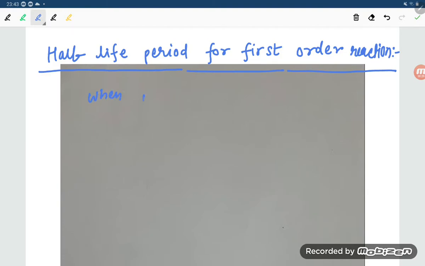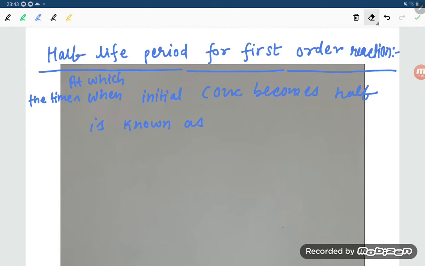When the initial concentration becomes half, that time is known as the half-life period. You can define it as the time at which the initial concentration becomes half.